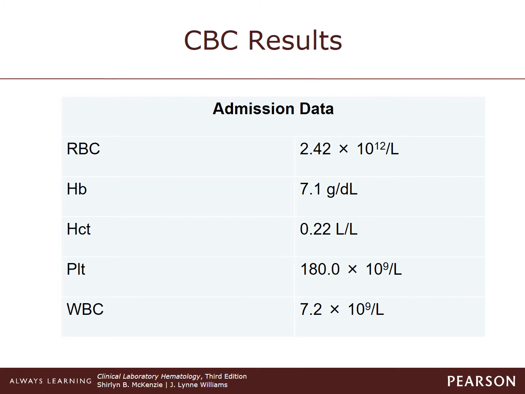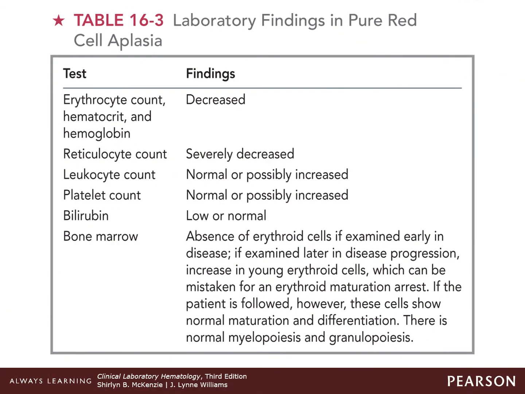Your corrected reticulocyte, or your RPI, is less than 1, and the causes could be either acquired or inherited. So in Table 16.3, you have the lab findings in pure red cell aplasia. Definitely your red cell count, hematocrit and hemoglobin will be decreased, and so will your reticulocyte count. So please use these tables as a studying tool.